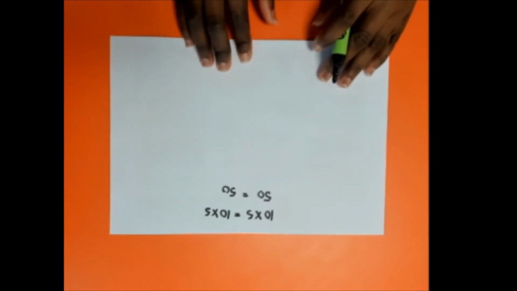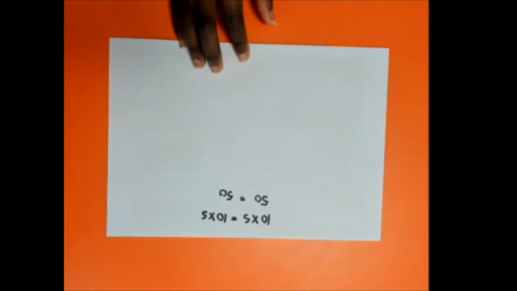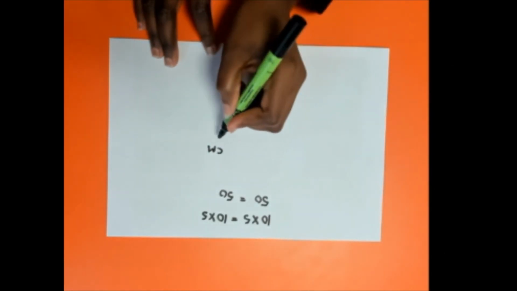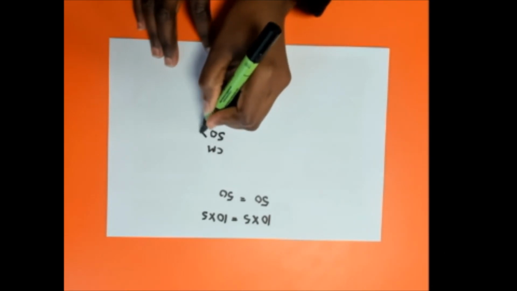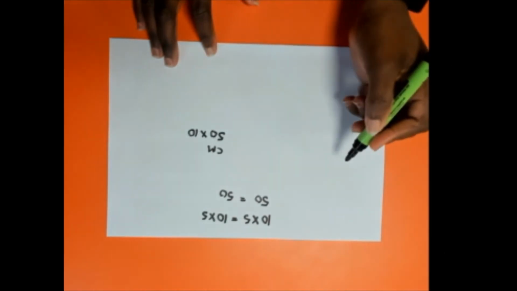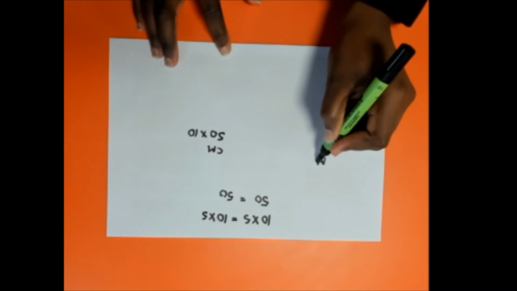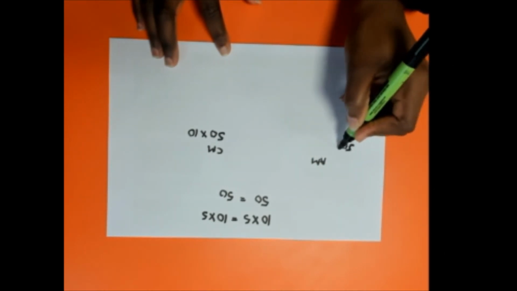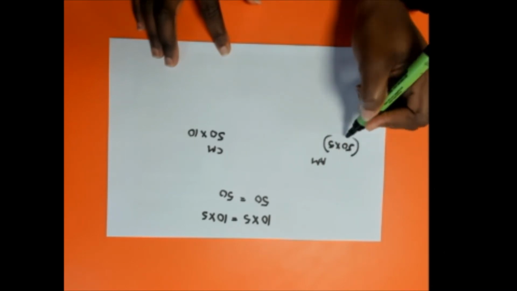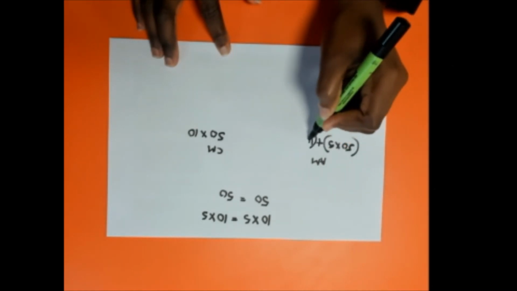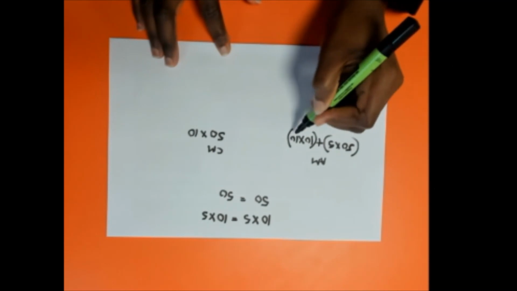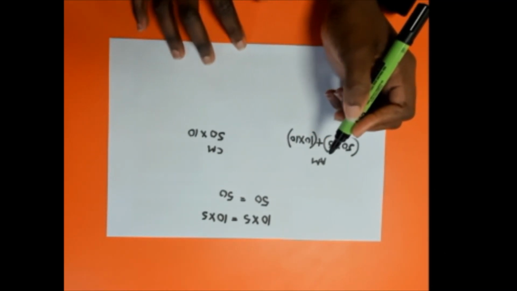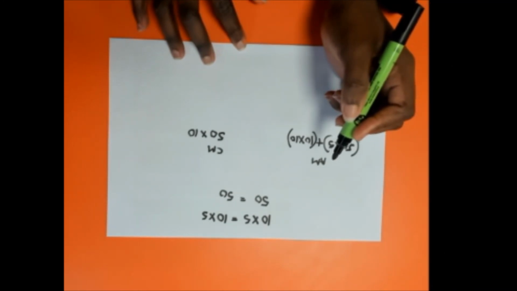Now in the second case, on the clockwise moments, we had 50 at a distance of 10. On the anti-clockwise side, however, we had 50 at a distance of 5. We also had 10 at a distance of 10 and 10 at a distance of 15.